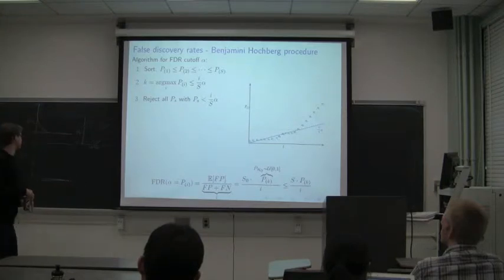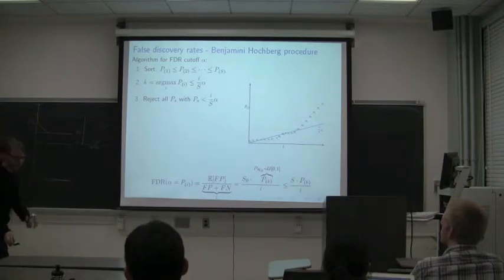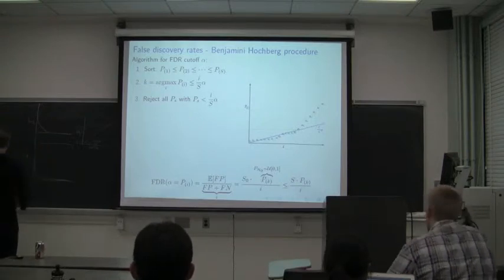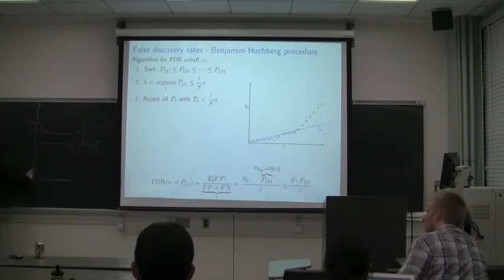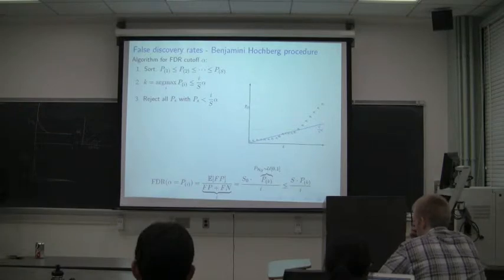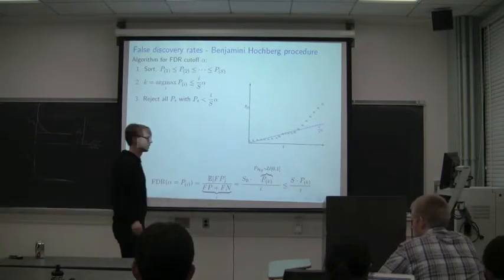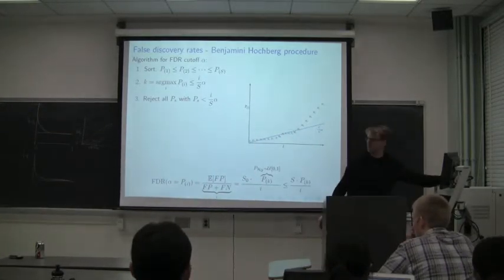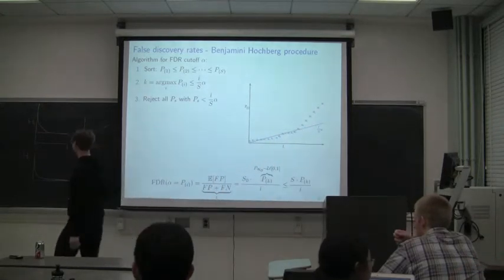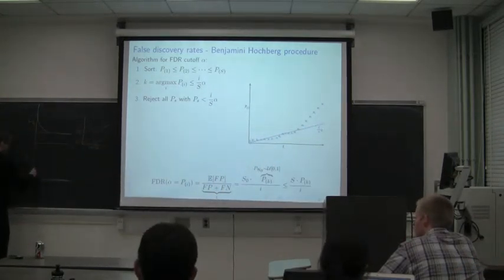For example, say I have a weird distribution where I observe some small ones, so say my alternative looks like that.